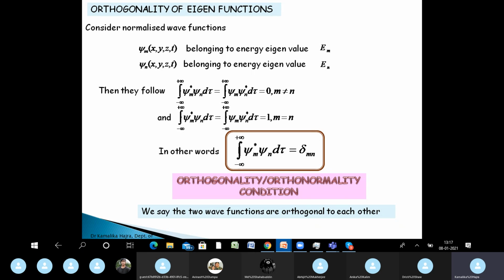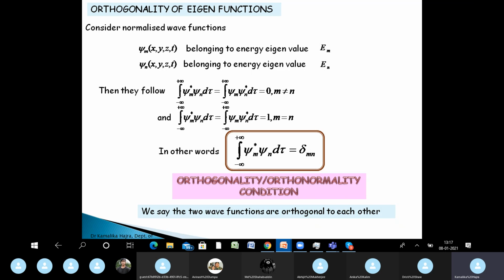If you can recall your vector analysis classes, remember we said that if we have, say, n vectors, and these n vectors can be written as a linear combination of each other, then the vectors are not independent. When vectors are not independent, what is the difficulty? The difficulty is that you cannot write one in terms of the other two.